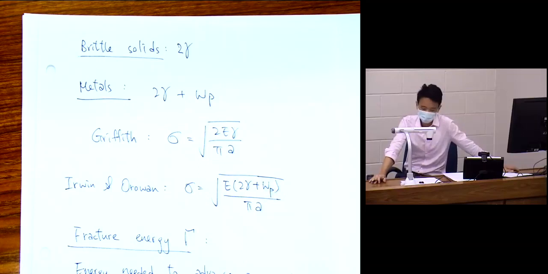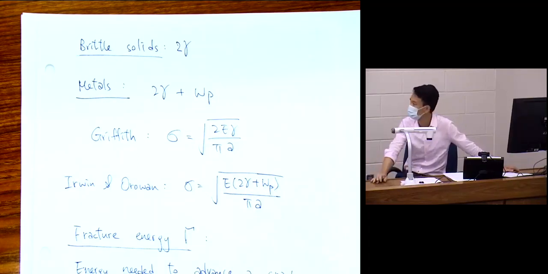So what is really resisting is only the surface energy. So by the same nature, the plastic deformation energy is also a material property that is resisting, adding to the energy for crack advancement, right? So that's where we stopped last time.